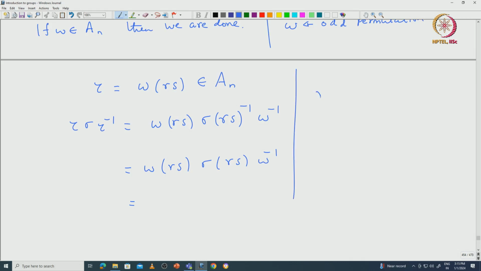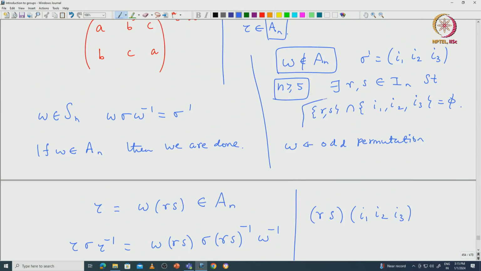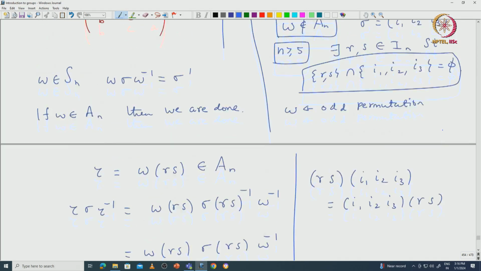This (r s) and this (i1 i2 i3) are disjoint, okay, because that is how we have chosen r, s. They are disjoint, that means they must commute.